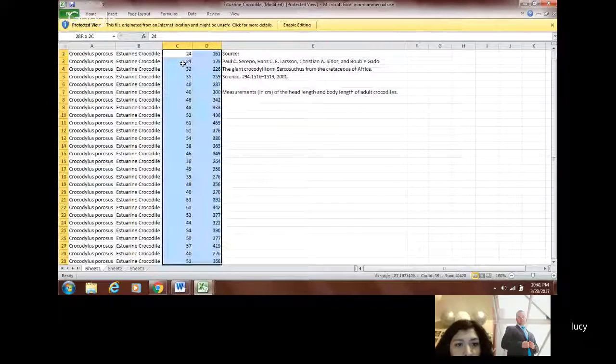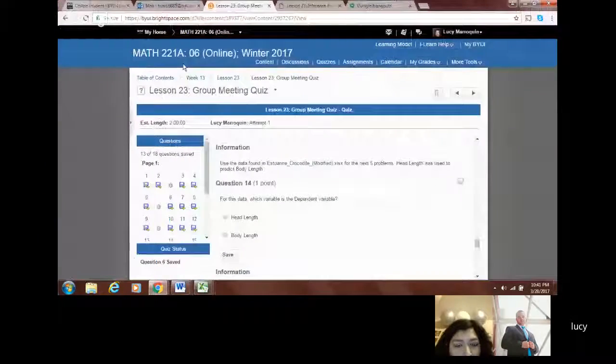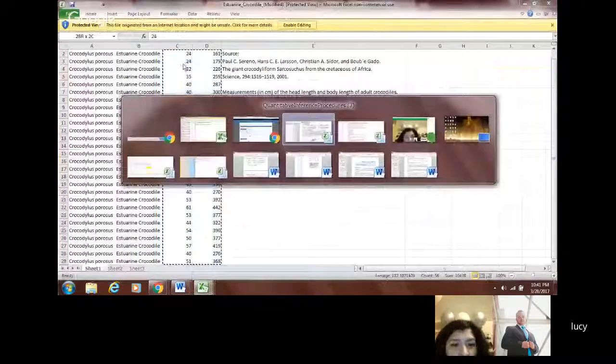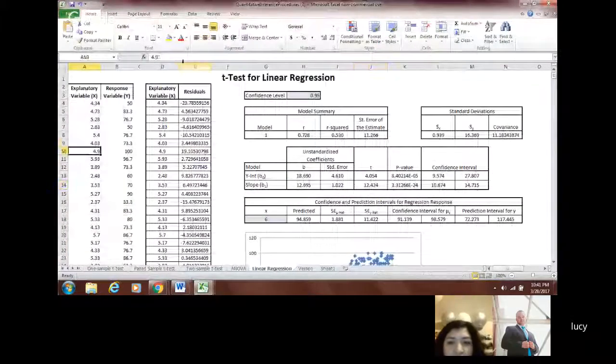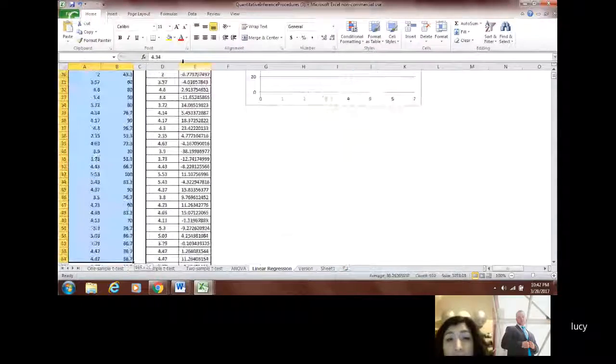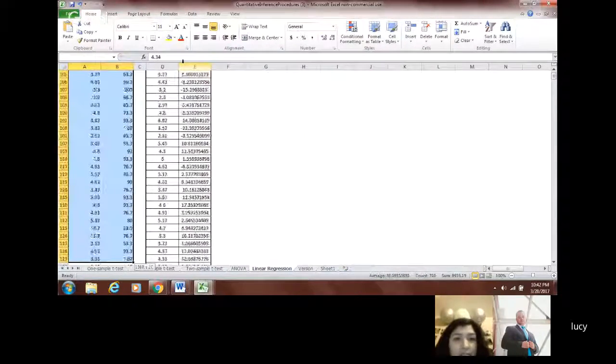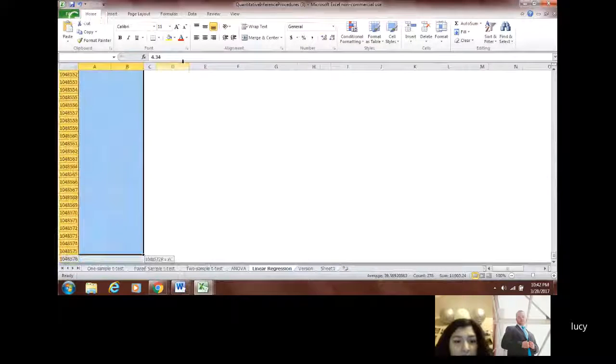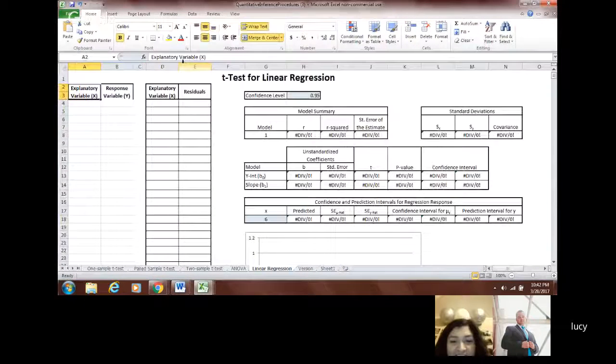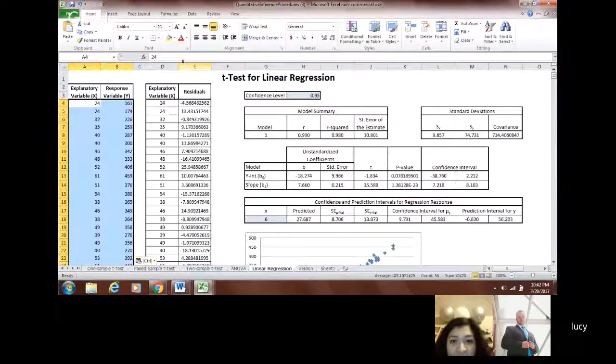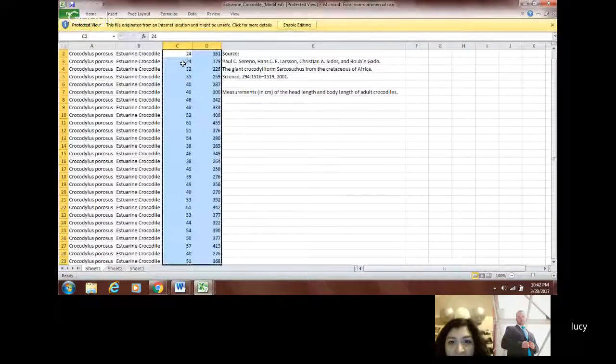Let's see. Head length was used to predict body length, so that would mean that head length is X. Gotta double check, especially with the track record we got tonight.